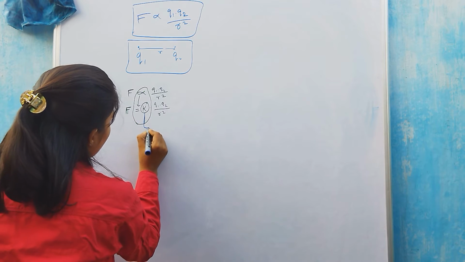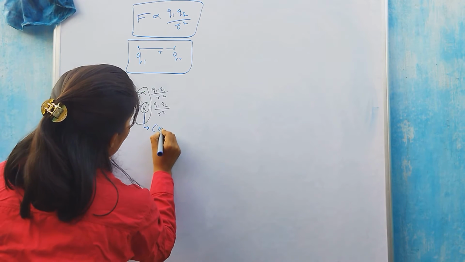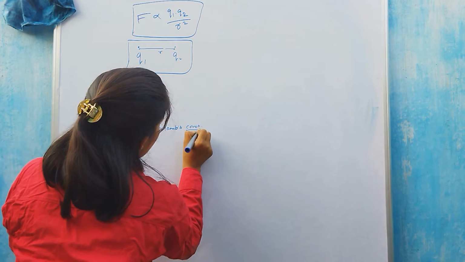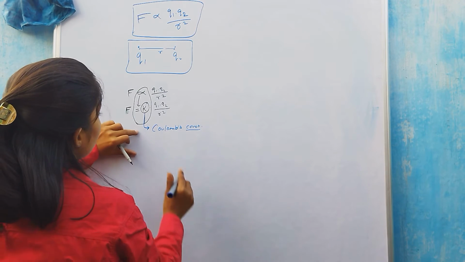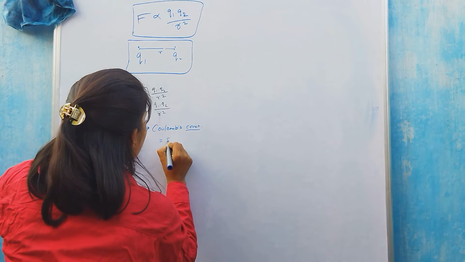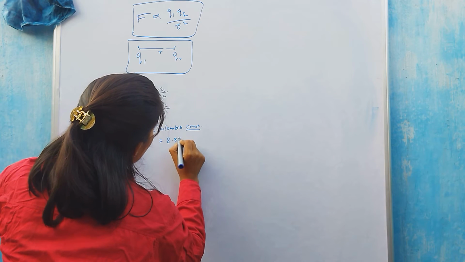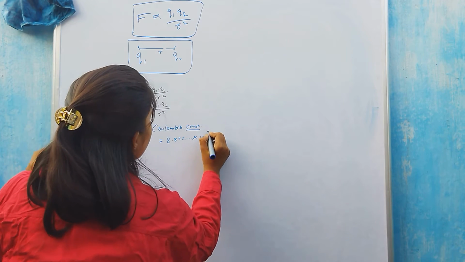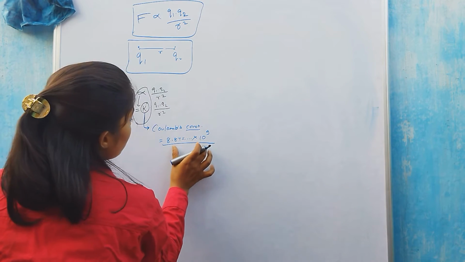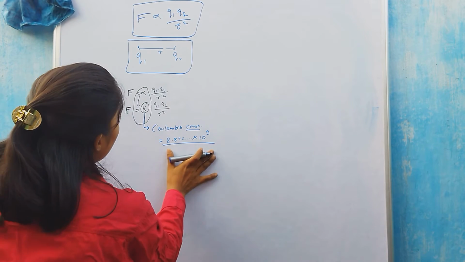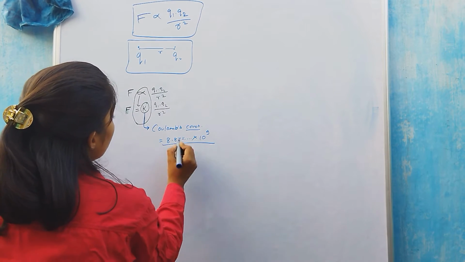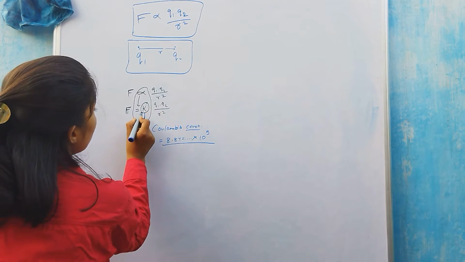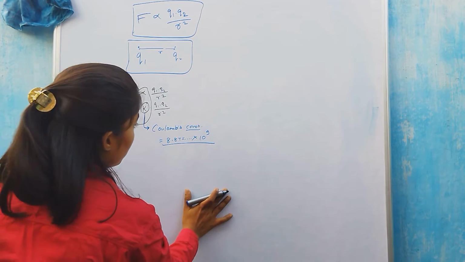Firstly, it was known as only Coulomb's constant, and it was given 8.875 and so on, into 10 raised to power 9, and this is only the numerical value. We are not talking here about the unit of this numerical value or this constant k, that is Coulomb's constant.